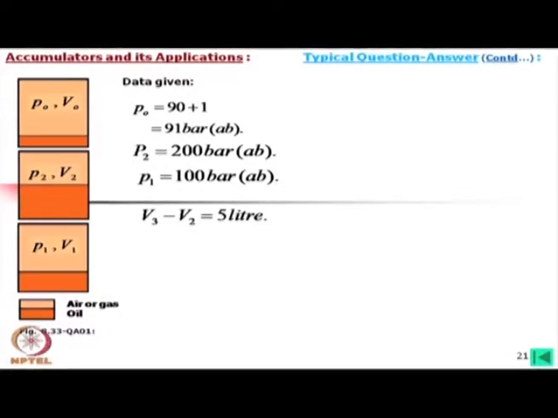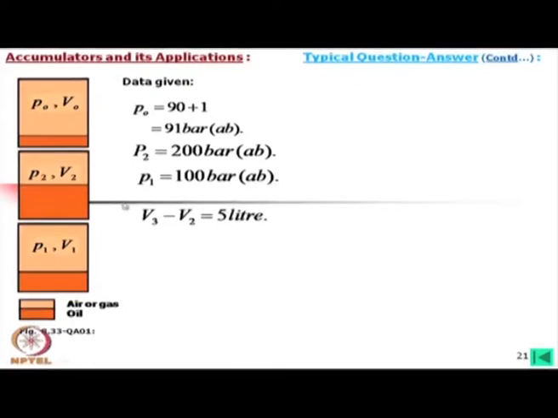Now, we are coming to this part C, where you see this charge pressure was said to be 90 bar, charge was done at 90 bar. So, now that 90 bar is the gauge pressure there. So, we add plus 1 to make it absolute pressure 91 bar, whereas the system working in 100 to 200, that we consider as absolute pressure.